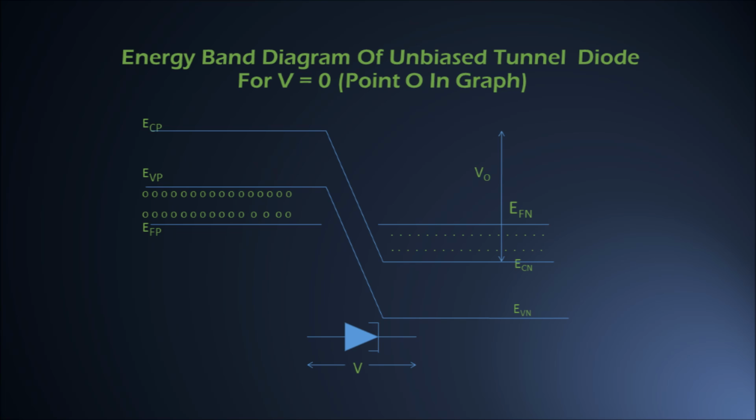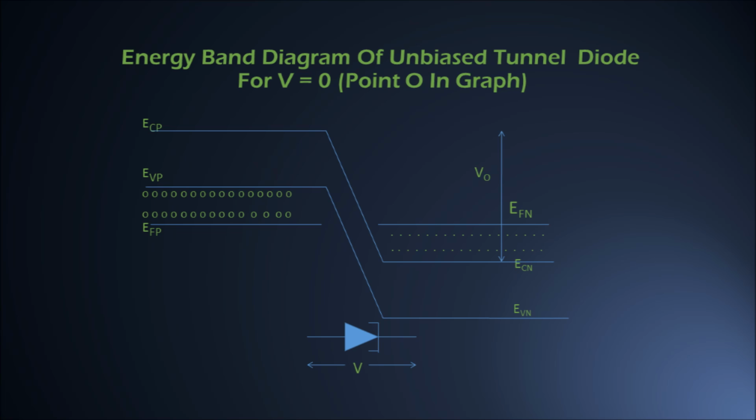Also, due to high concentration of impurity atoms, the acceptor level on the P side gets converted into an acceptor band and the donor level on the N side converts into a donor band.